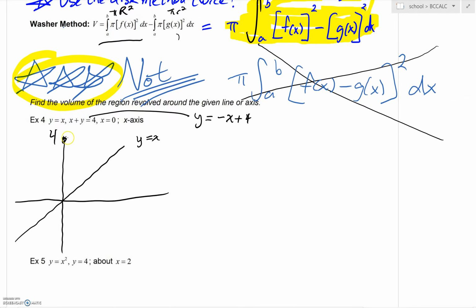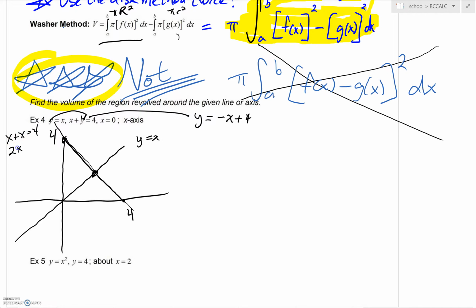Actually, it would also have an x-intercept of 4 if you think about it that way. Wow, look at that. And you'd have this line going just like so. Obviously, we're going to get an intersection right there. So very often kids will wonder, hey, do I need to solve algebraically? And you could plug in y equals x right here and get x plus x is equal to 4.